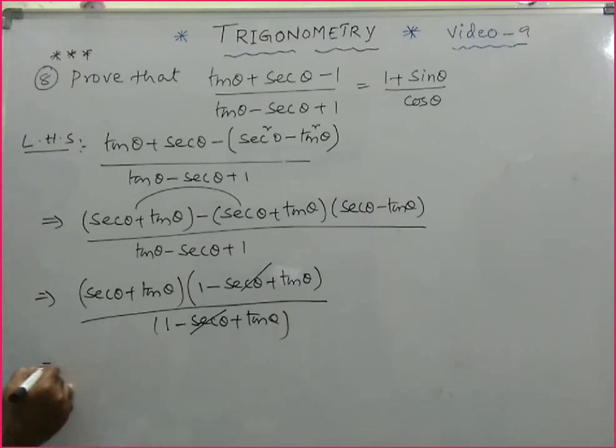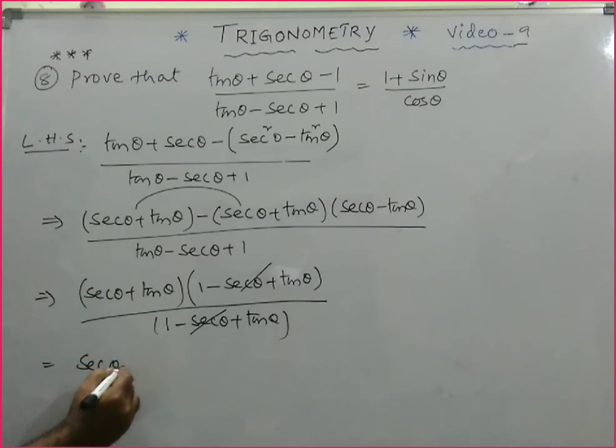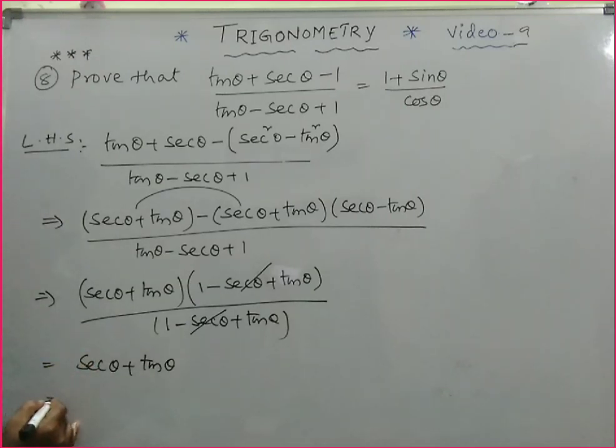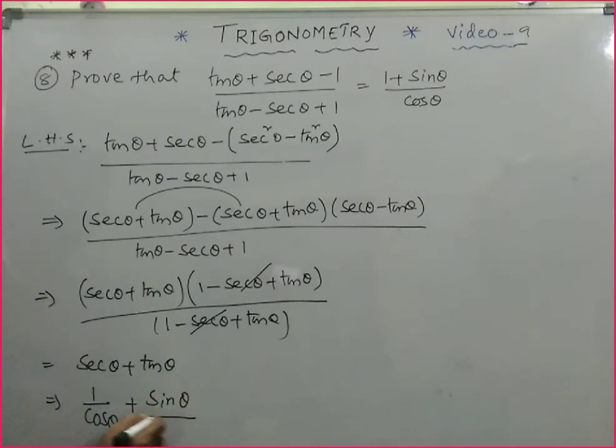So what left with us? Secant theta plus tan theta. But we have to prove it as 1 plus sin theta by cos theta. Isn't it? Then you know secant theta can also express as 1 by cos theta and tan theta can be expressed as sin theta by cos theta.